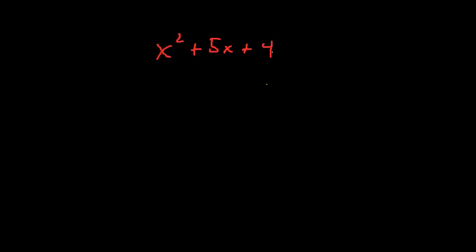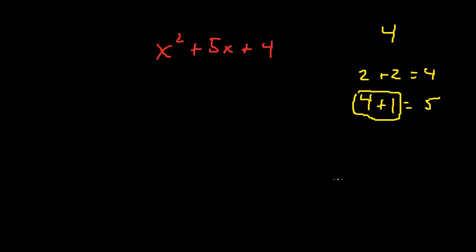So we need to find factors of 4 that will add up to 5. Factors of 4 are 2 and 2, and 4 and 1. These two add up to give me 4, and these add up to give me 5. So the two factors I'm looking for are 4 and 1.